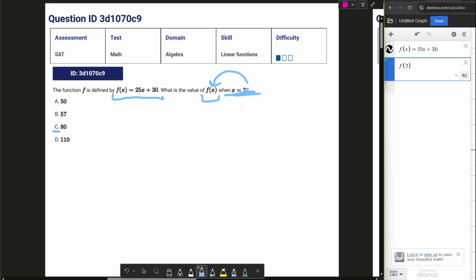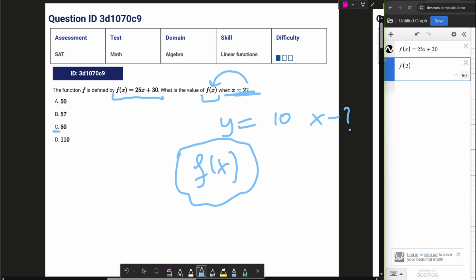Now, things do not stop here. What if you were asked, let's say, when the y value equals 10, what is your x value? Here's the thing, the y value is considered for us our whole function, which is f of x. Not just x, but f of x in total. Now, there is a specific way we can say f of, because we don't know the value of x and we're looking for it, let's call it a random letter.